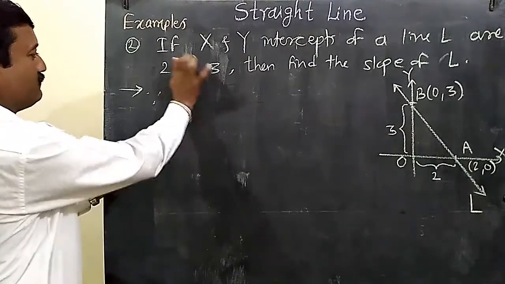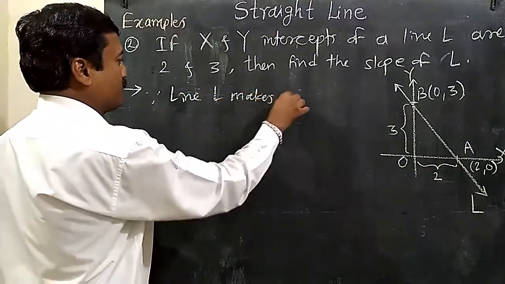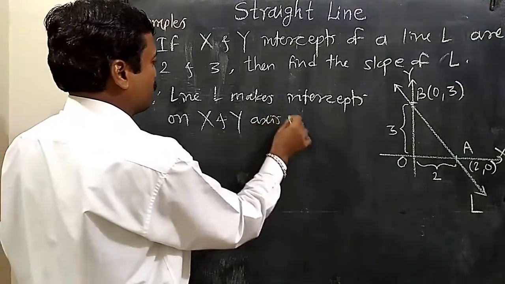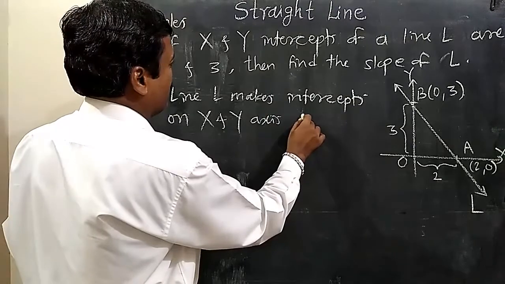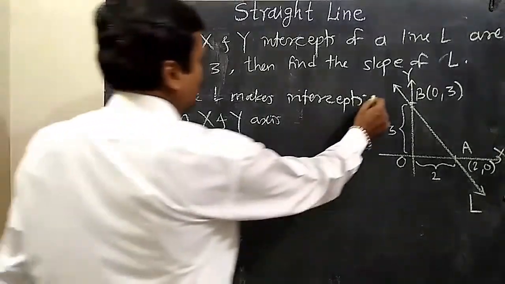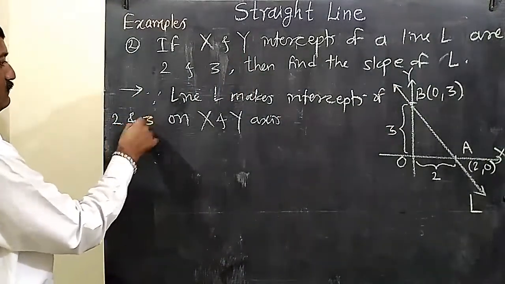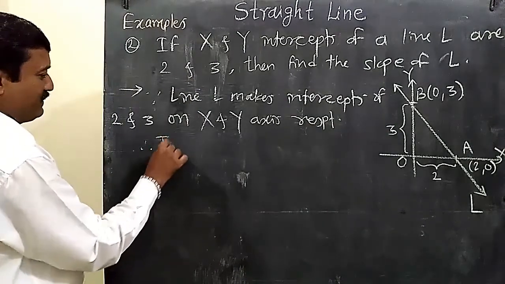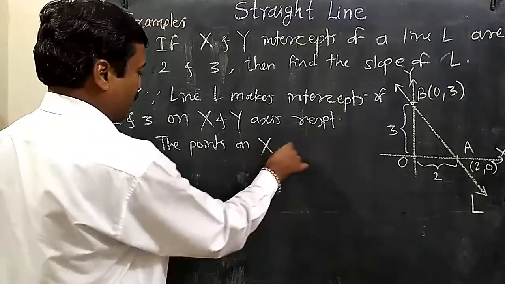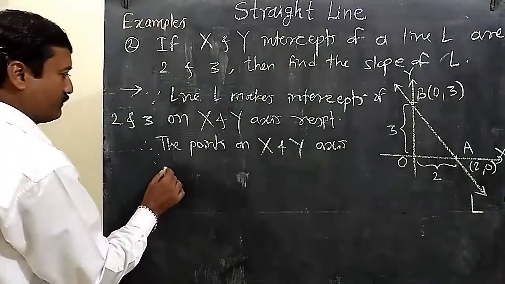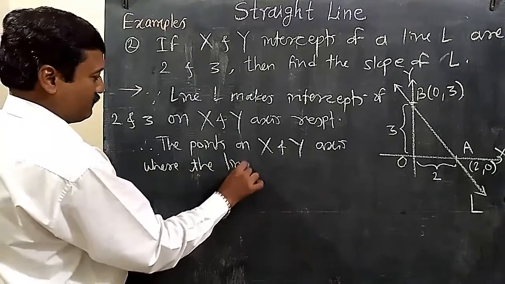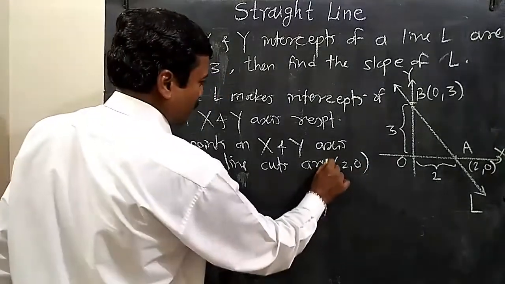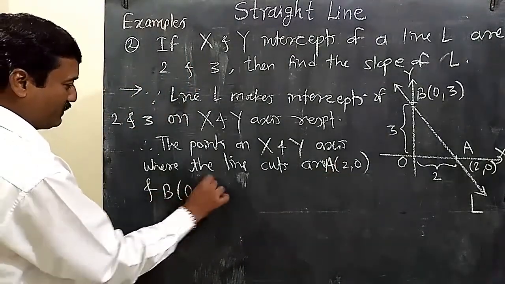Since line L makes intercepts of 2 and 3 on the x and y axis respectively, therefore the points on the x and y axis where the line cuts are A (2, 0) and B (0, 3) respectively.